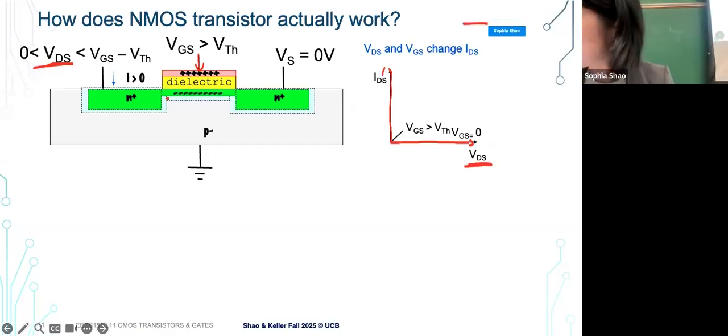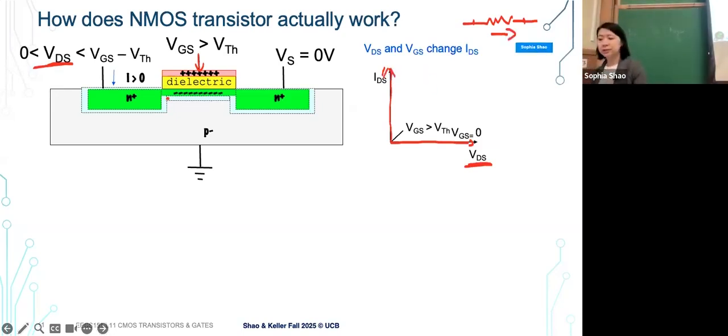Like earlier, we talked about the IV characteristics for a resistor: the voltage between drain and the source, and the current flows through the resistor. So this is basically like a resistor. When you have higher drain-to-source voltage, you get higher current because this is a resistor. The transistor is behaving like a resistor here, right?